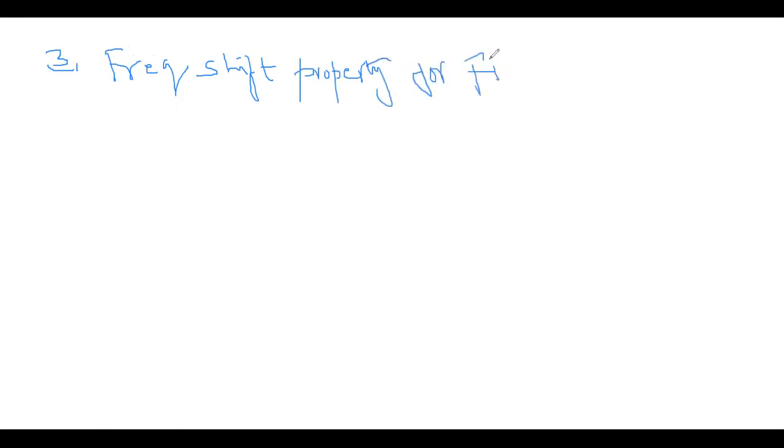Third one, frequency shift property. For the Fourier transform, my dear students, remember that one, Fourier transformation. So what is the statement?